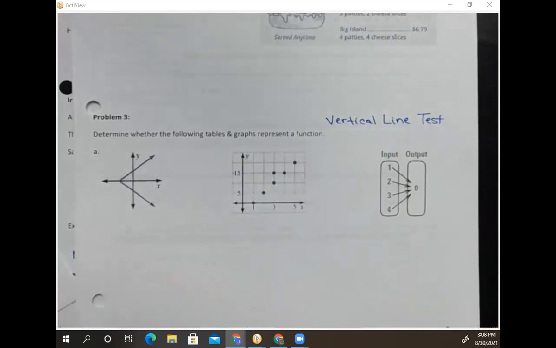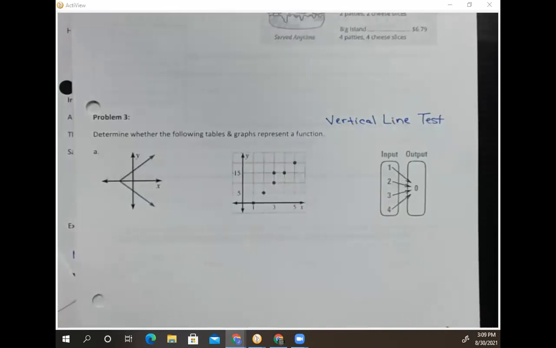So the idea that we looked at with our bagel problem and with our burger problem was that for the same amount of stuff, I should expect one price, one cost. If I got multiple costs for the same amount of stuff, that was a problem and that was not a function.